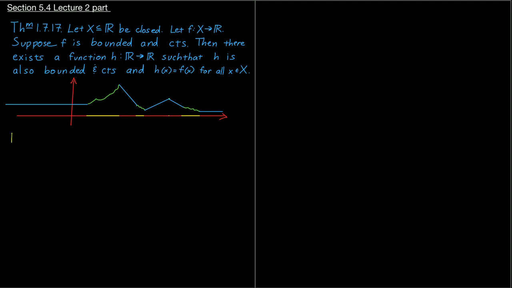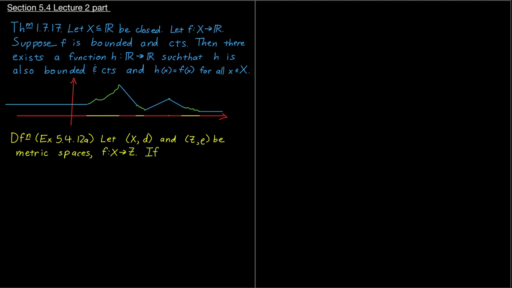So let's start off by reminding ourselves what a Lipschitz function is. Your book thinks this is an example, but it's really a definition and a proposition. So let's say we've got two metric spaces, and we've got a function between them.